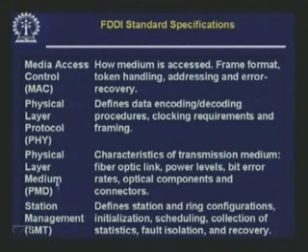And there is a standard for station management, which defines station and ring configurations, initialization, scheduling, collection of statistics, fault isolation, and recovery from faults. As I said, recovery from faults was and still is a very strong point of FDDI, one reason why for some applications FDDI may be preferred.